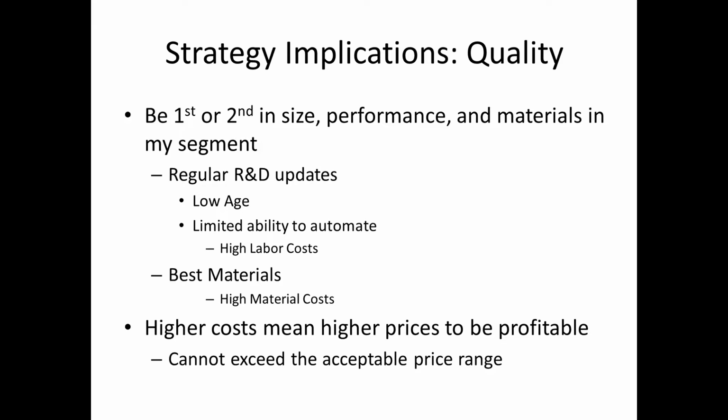And so you're going to be forced to have prices that are in a higher range. Now, does that mean you have to be at the top of the acceptable price range? It does not. Just because things are expensive, does that mean that you have to be the most expensive? Doesn't mean that at all. But if you're going to compete on quality, then you're probably going to wind up being the most expensive.